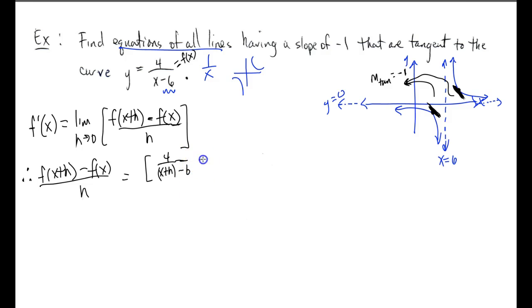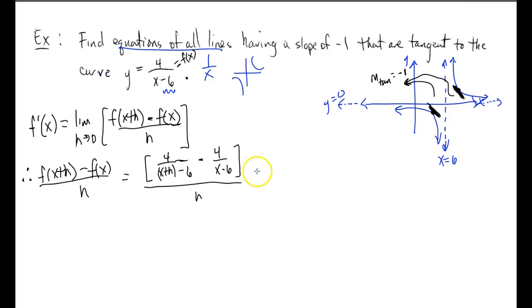So we have that minus f of x, which is just 4 divided by x minus 6, and then all of that divided by h. Let me make sure we recognize that that is 6.